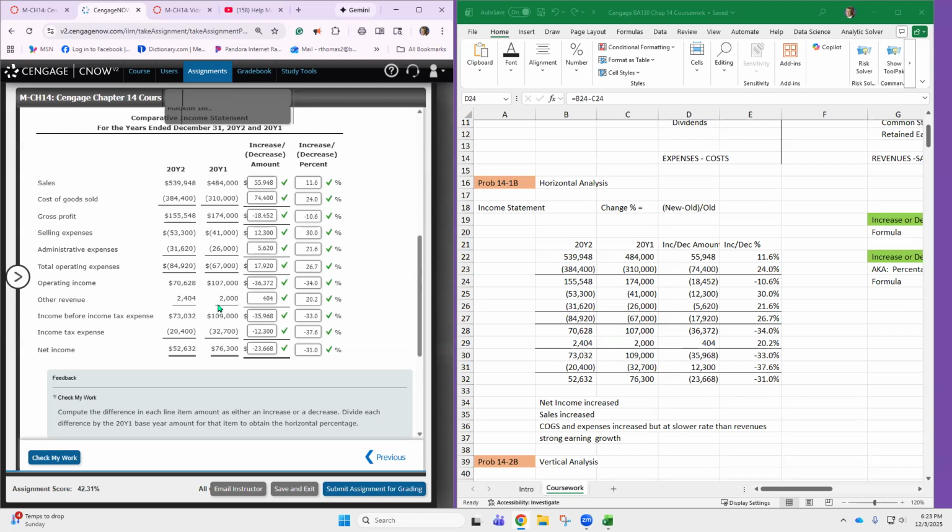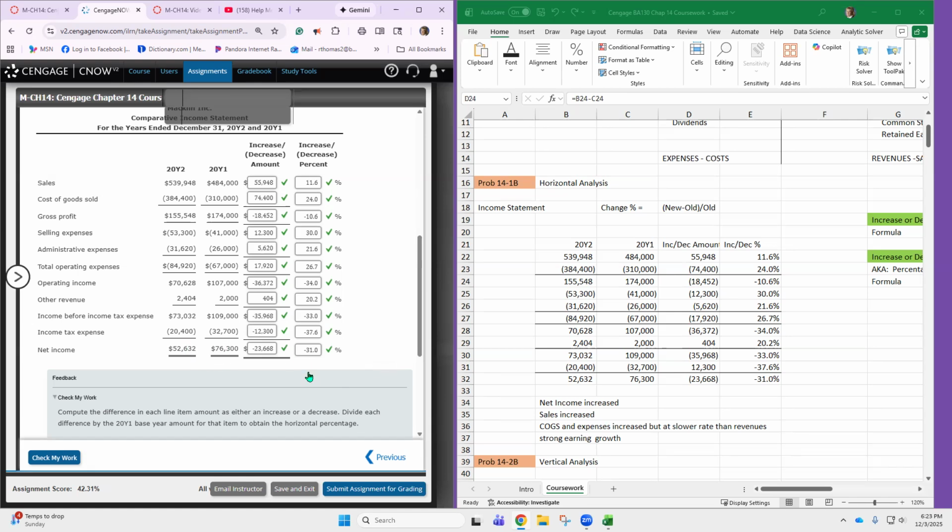And other revenue actually went up. So that's a positive thing there. The income before income tax expense is quite a bit lower than last year, even though we sold more. And our income tax went down. And the reason it went down was because we didn't make as much. So our net income is quite a bit lower.